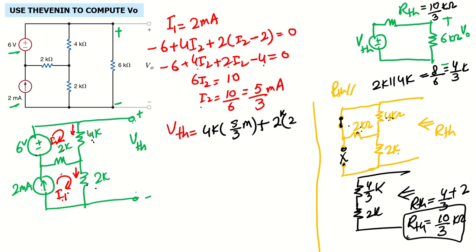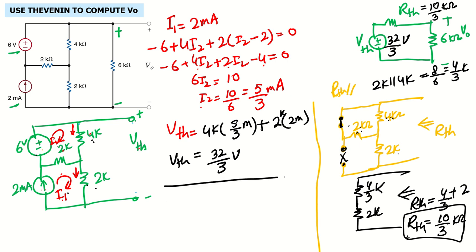If we simplify this, the open circuit voltage, or Thevenin voltage, comes out to be 32 over 3 volt. So we have our open circuit voltage.